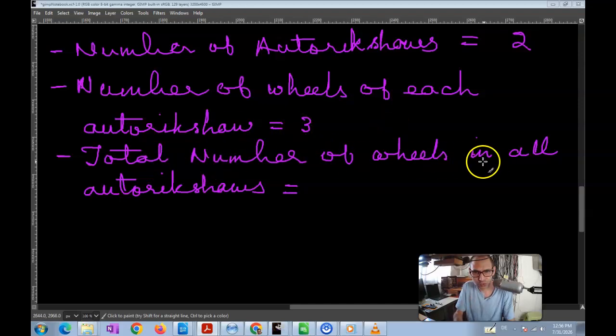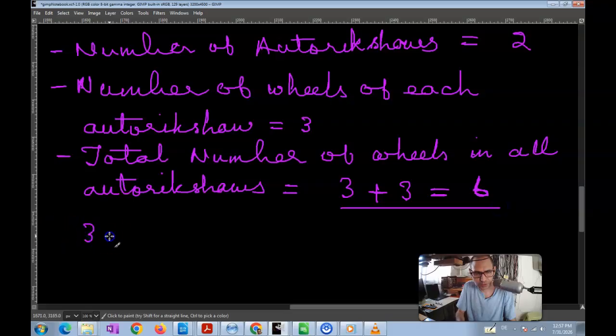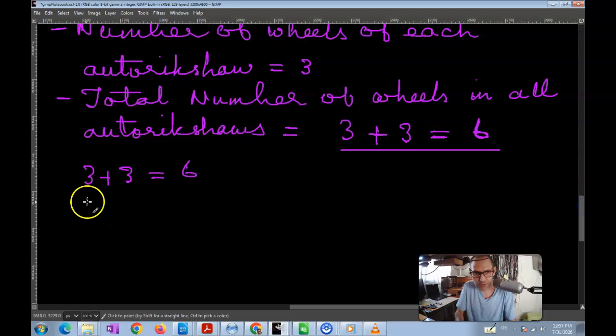So the total number of wheels in all the auto rickshaws would be, in one of them we have 3 wheels, and in the second one we have 3 wheels, so we can add them together. So 3 plus 3 would be equal to 6, right? The expression that I have written over here is 3 plus 3 is equal to 6, or 3 plus 3, 2 times, is equal to 6, right?